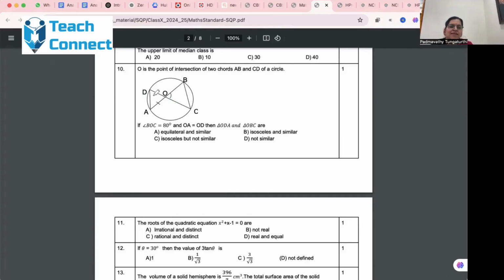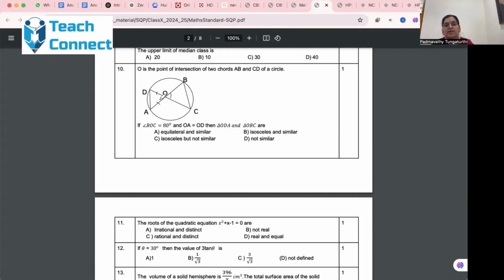When they are cutting these 2 chords, then OC and OB will also be of equal length. When 2 sides of a triangle are equal, we can call it isosceles, and similar triangles because they are intersecting at the point O. That's how isosceles and similar triangles is the answer.